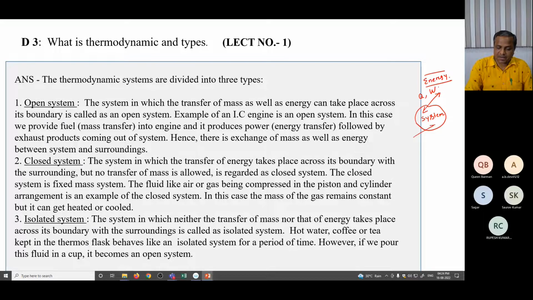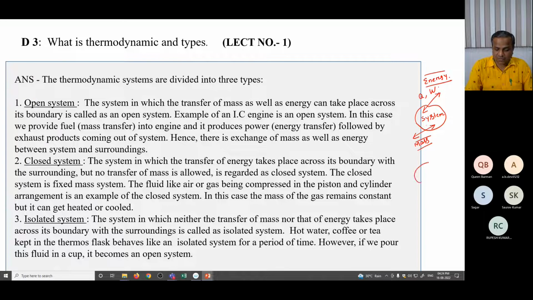Other way is that we can have mass interaction. When the mass enters into the system, it also carries energy into the system, and that we call enthalpy. So in open systems, both mass and energy interactions are possible.